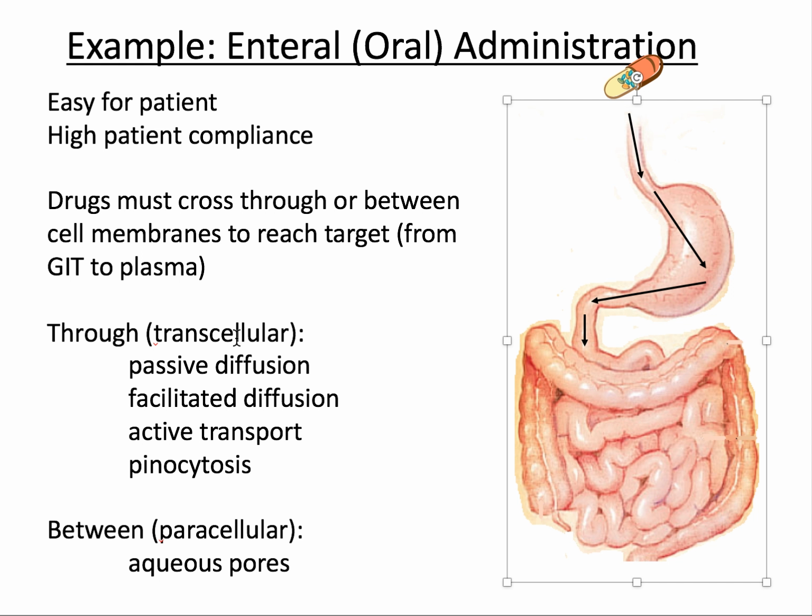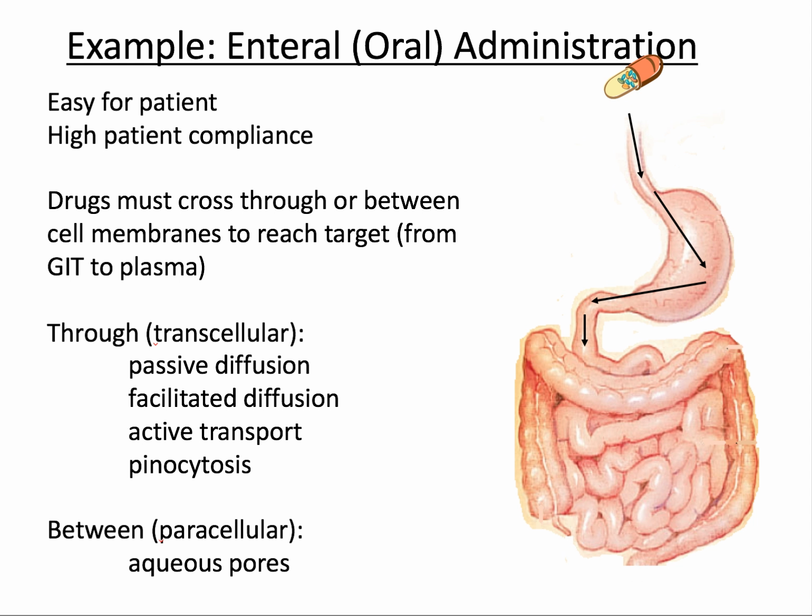This is basically known as transcellular. They can be absorbed by passive diffusion, which is simply crossing into the bloodstream, or by facilitated diffusion, active transport, which uses ATP, pinocytosis, and they can also go between the cells via gap junctions, tight junctions, connexins or cadherins, various things like that.